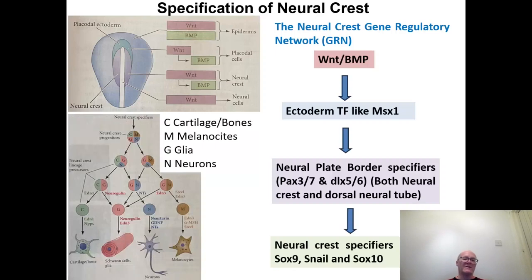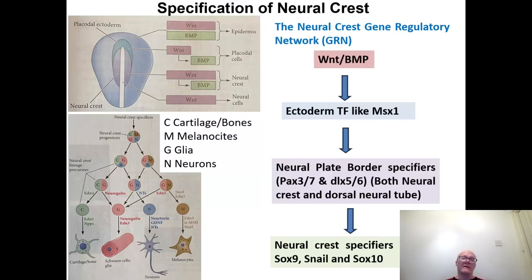Once the neural crest is specified, it is multipotent and can become different kinds of cells. For example, the newly born neural crest, as progenitor cells, has the ability to produce either cartilage, melanocytes, glia, and neurons. What determines which fate these cells will have depends on extrinsic factors outside the cells.